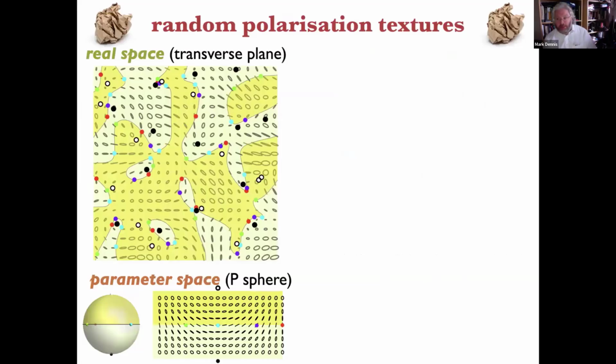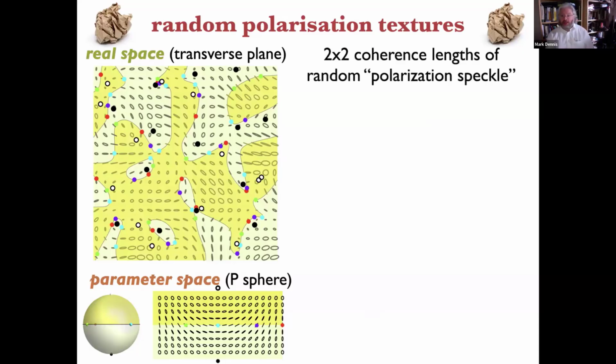So here's an example of a polarization speckle pattern, a 2D polarization field with ellipses. I've actually got the varying sizes as well as the azimuths and the shapes. And so you can think of this as a mathematical mapping from the two-dimensional plane to this two-dimensional Poincare sphere parameter space.